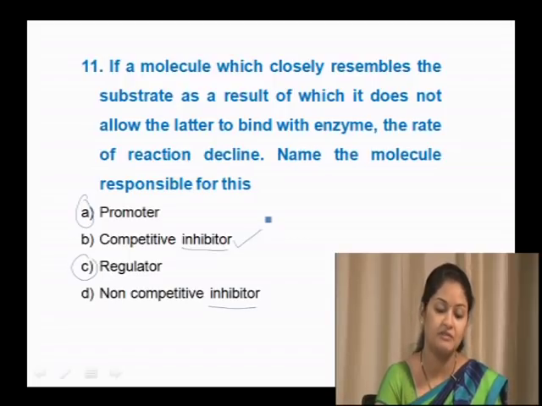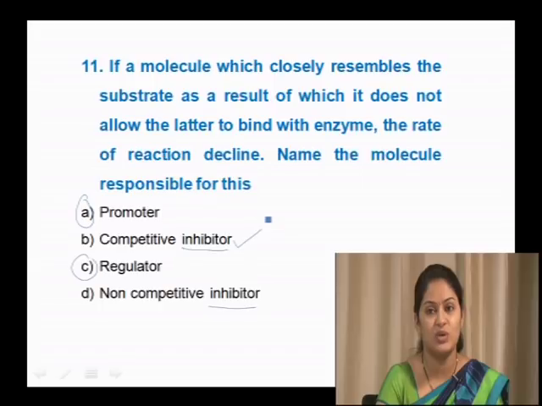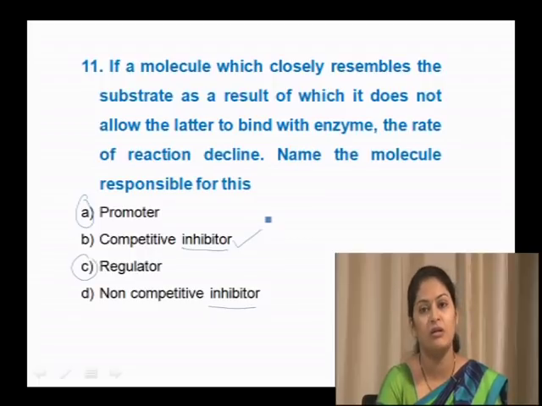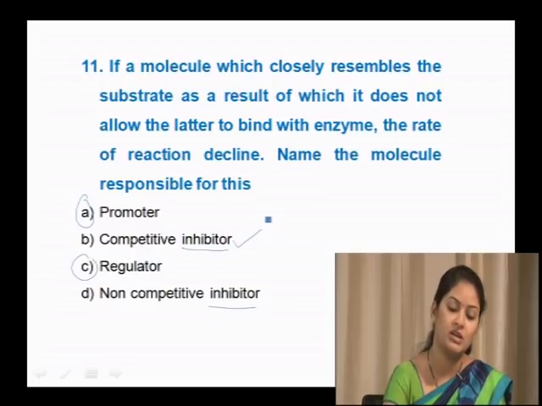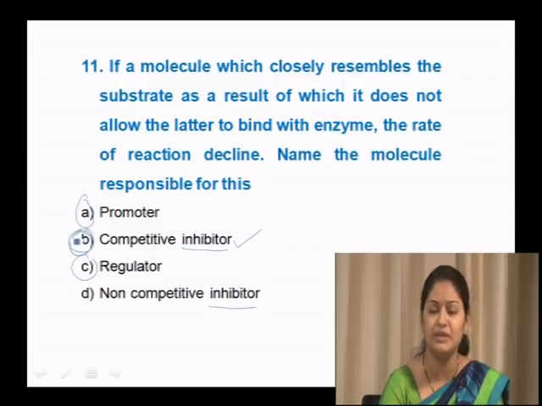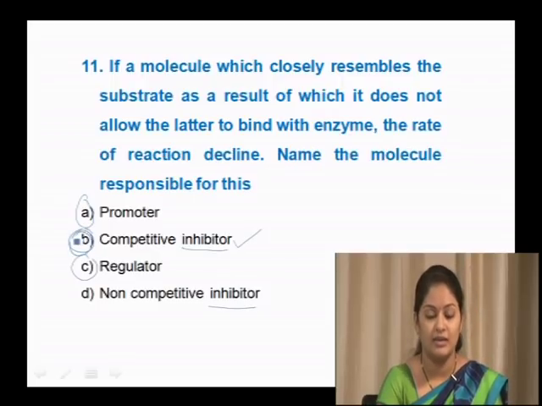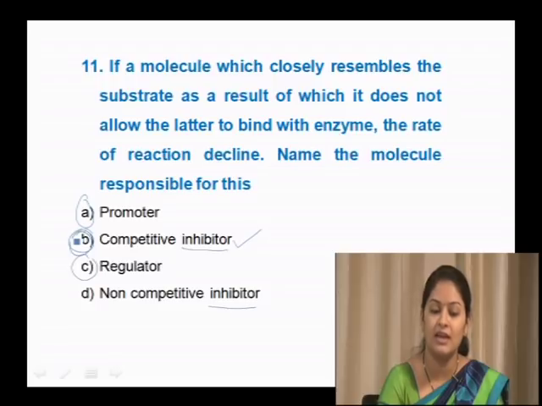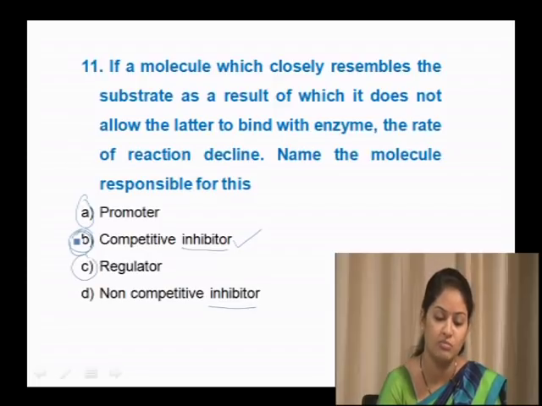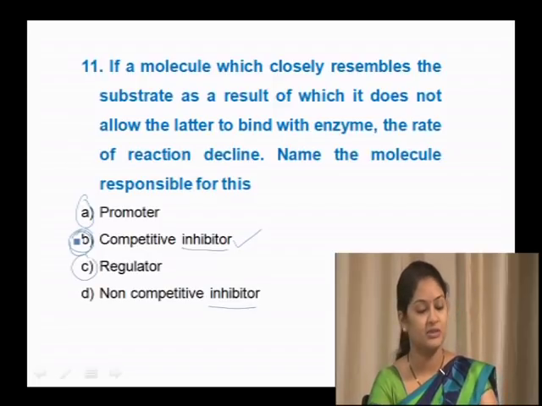Whereas non-competitive inhibitors associate to any part of the enzyme, whether it is associated with substrate or not. The question clearly says that the molecule should closely resemble the substrate and should not allow the latter, meaning substrate, to bind with the enzyme. So that molecule is competitive inhibitor. So answer for this is B.